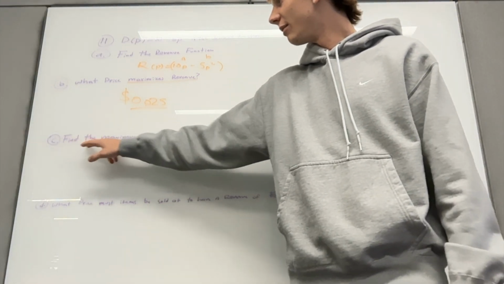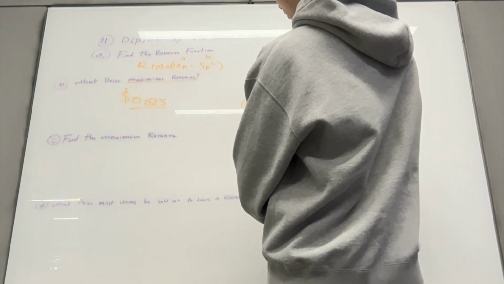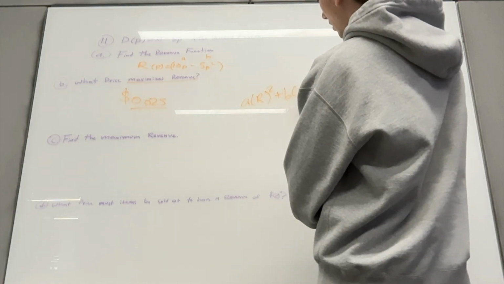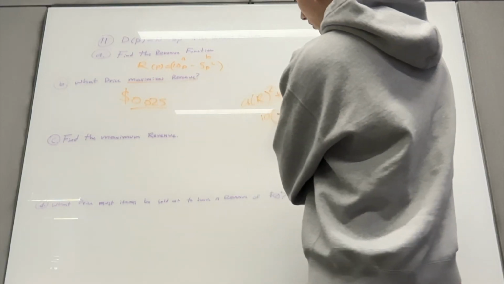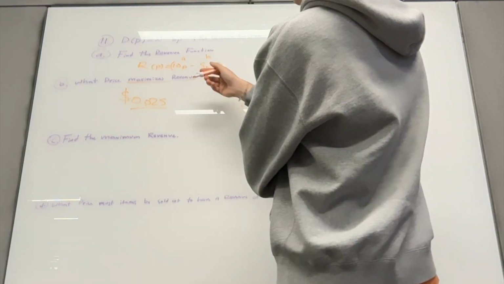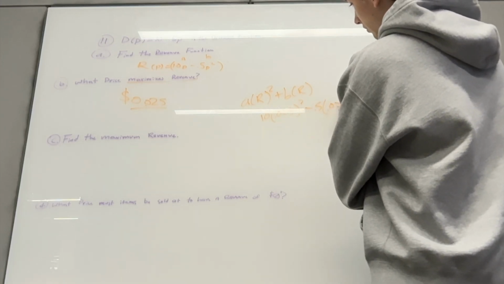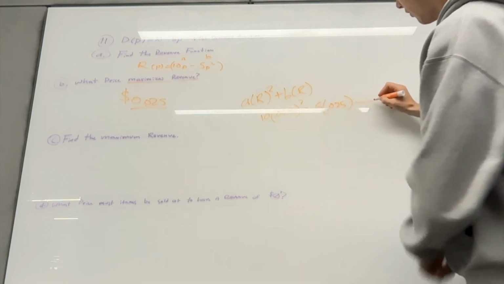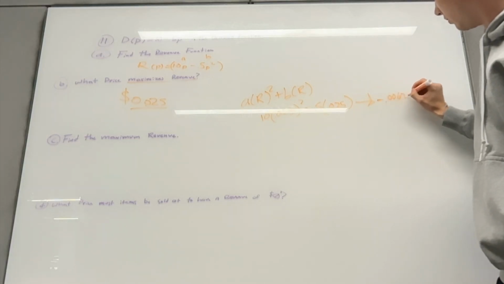Okay, for part C, we'll be finding the maximum revenue, and to do that, we'll use the equation A of R squared plus B of R, where A is that 10, so 10R is our maximum revenue, 0.025, square that, plus B, which is negative 0.5, so we would just minus 0.5, the R is another 0.025, and then plugging this all into Desmos, because my calculator is still broken, I got negative 0.00625.